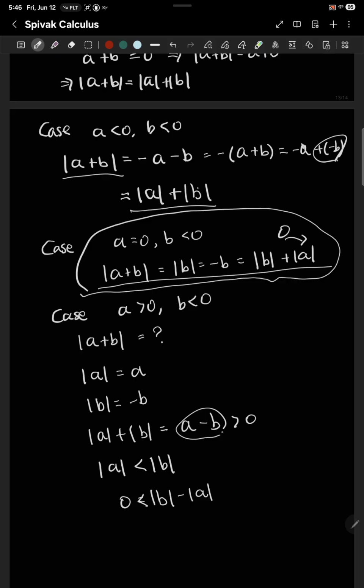Let's expand this a little bit. Right. Okay, let's think about this for a second. What is the absolute value of a plus b?